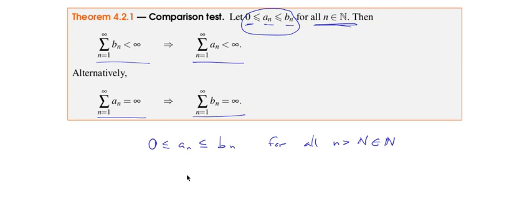Because as we have seen before, if we take any finite number of elements in a series and take them out of the series, they don't really matter for the convergence of the series, right?